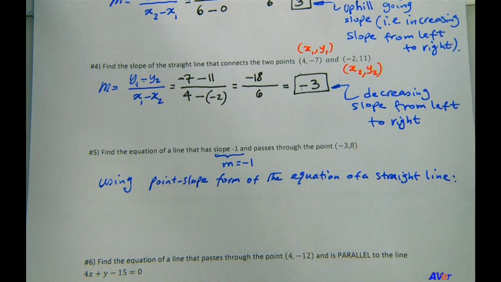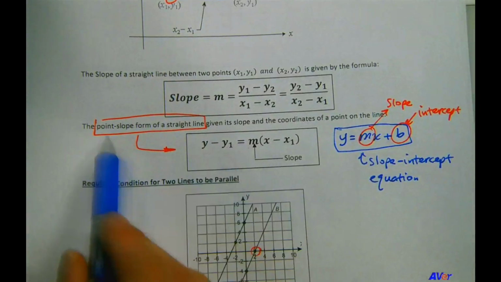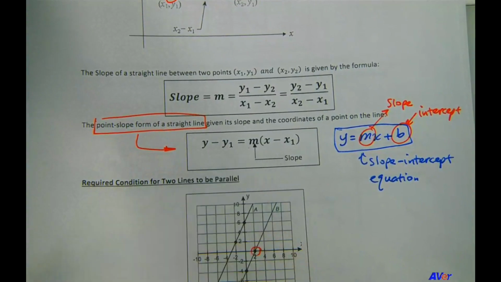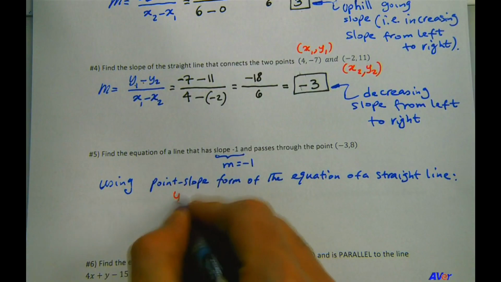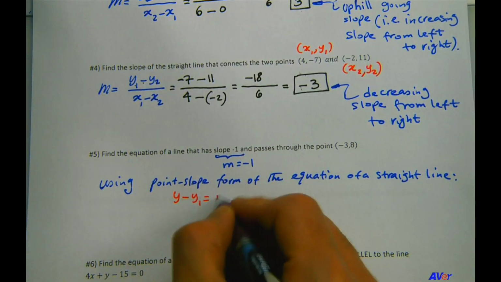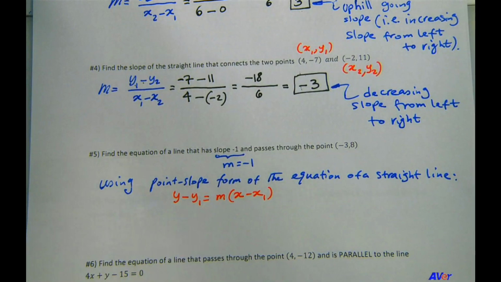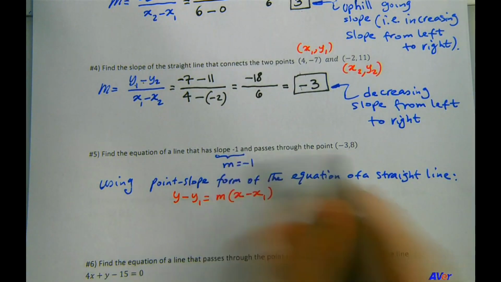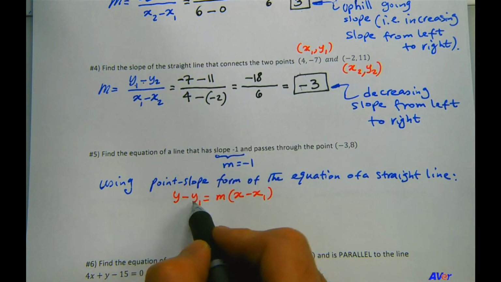right? We had that here on one of these pages. That's the one I'm talking about, this one. Using this point slope form of a straight line, let's write it down. Y minus y1 equals m times x minus x1. So using that, now let's plug in with these coordinates and this slope we have.